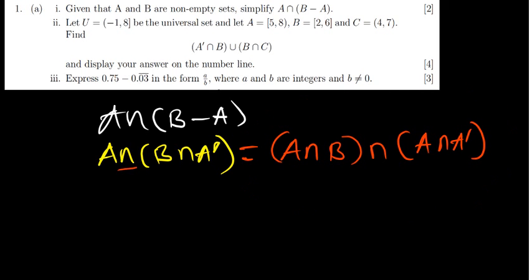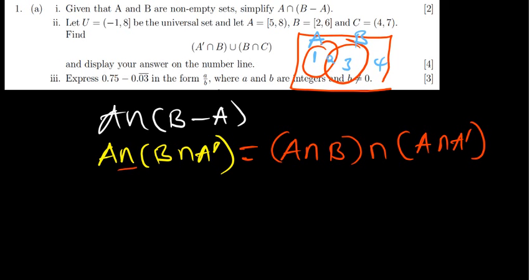So for example, if I come up with just a simple Venn diagram here, this Venn diagram is going to help me. Let's say we have A here, and this is our B. Let's put numbers 1, 2, 3, and then we have 4. Now we can start with this part here.